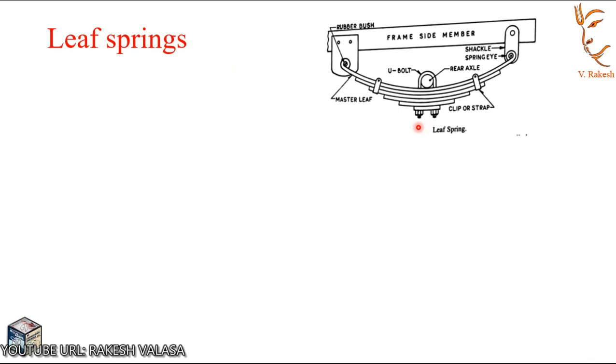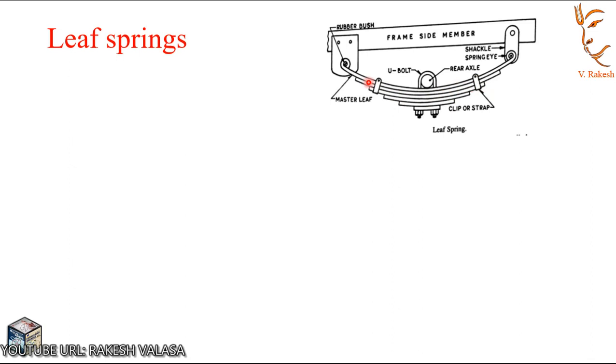The leaf springs used in automobiles are made up of several flat, long strips made from spring steel of a rectangular cross section. Each strip is called a leaf. The several strips are placed one on the other and are held together by means of a center bolt and clamps.